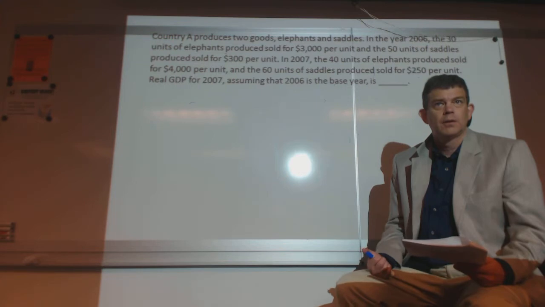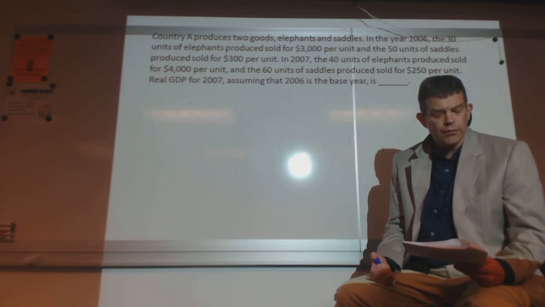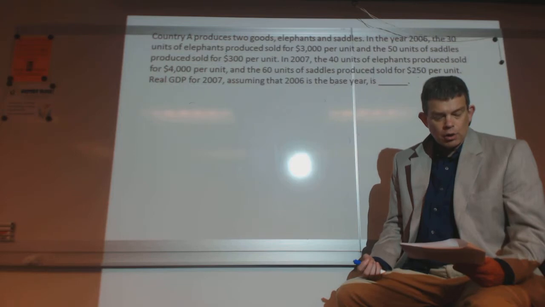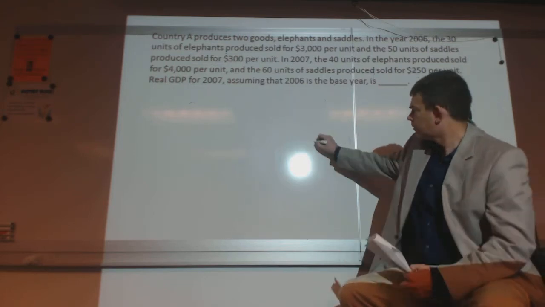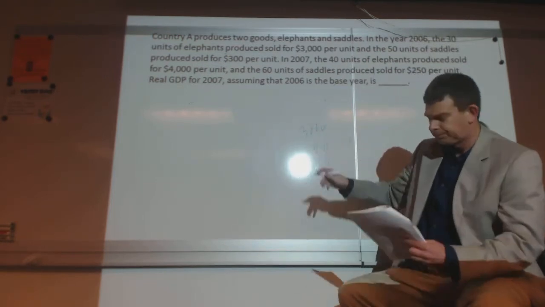No, 40 times 3,000 is 120,000. Okay, I'm sorry, 120,000.